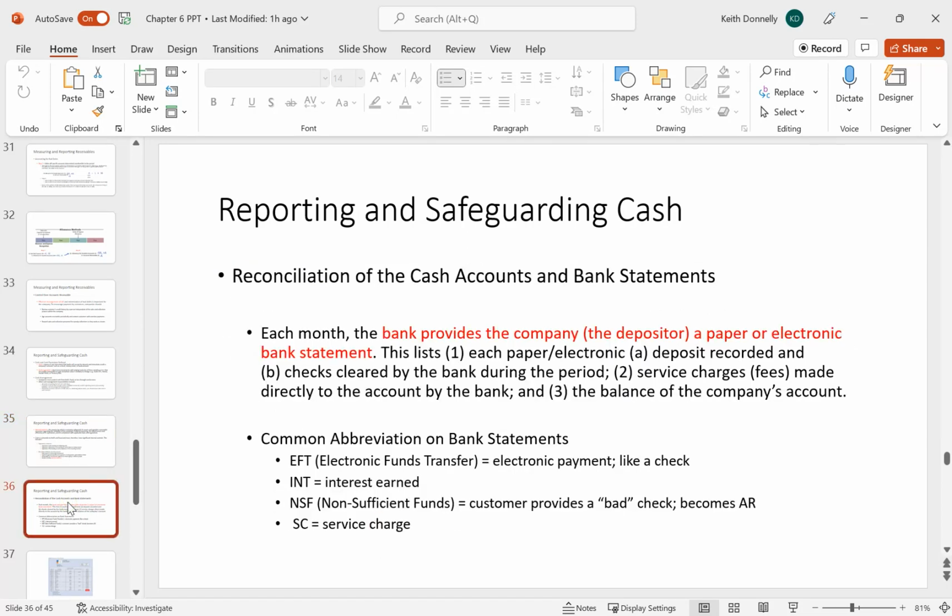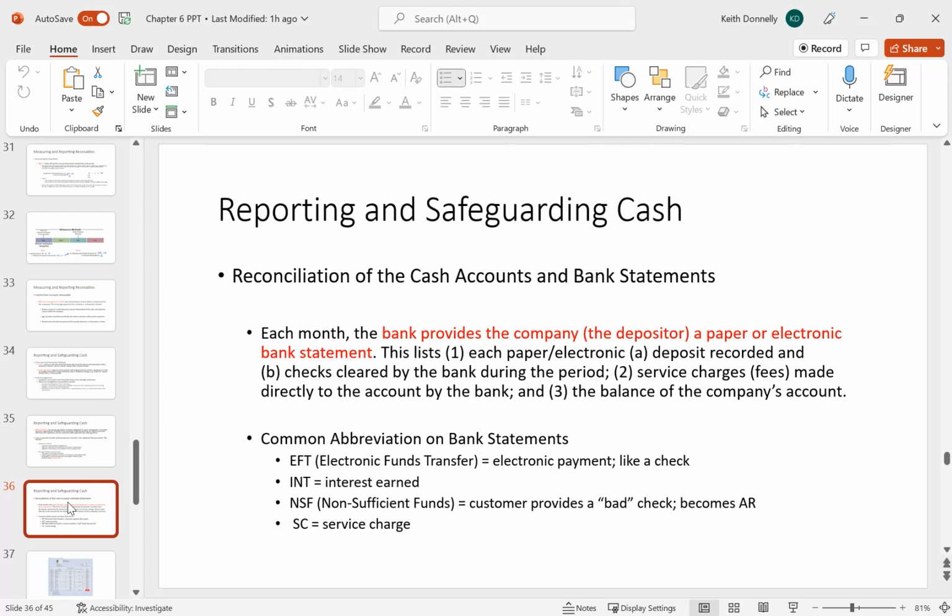So here's the idea with it, right? With a bank statement, or a bank reconciliation, you're going to have your cash balance from the books, and you're going to have a bank statement that comes at the end of the month, right? If you've ever had a bank statement, you get one once a month. It used to come in the mail.